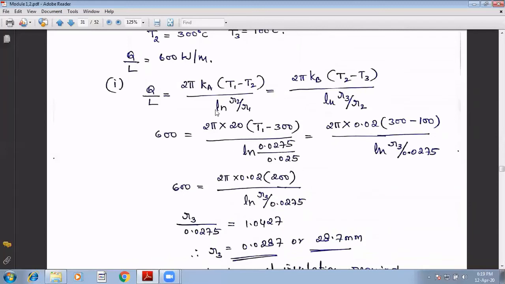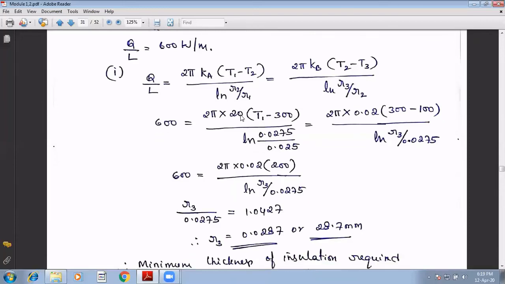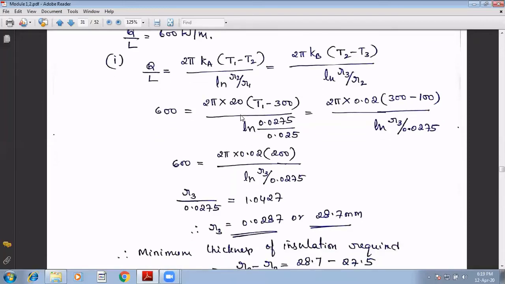Now, if you consider, Q by L is equal to 2 pi Ka into (T1 minus T2) divided by ln(R2/R1), or Q by L is equal to T1 minus T2 divided by the conductive resistance in case of a cylinder, which is ln of outer radius divided by inner radius upon 2 pi K into L. K corresponds to the pipe material and L we have considered to be 1. Now substitute the values.